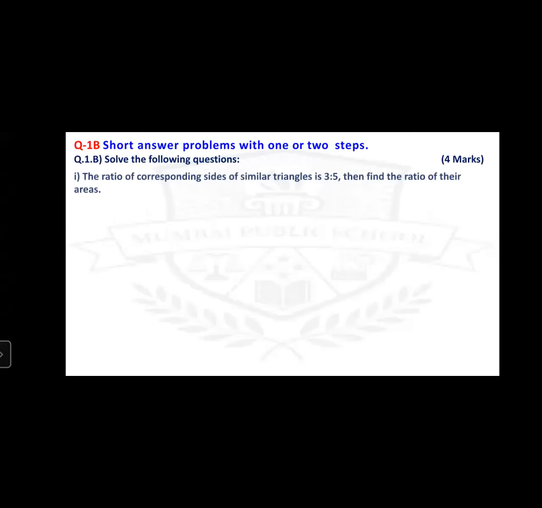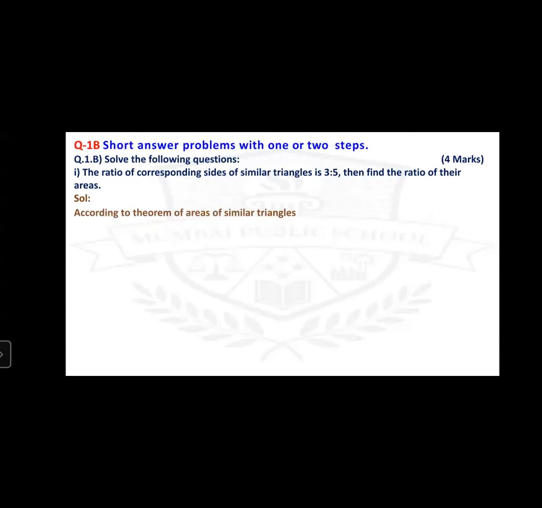So first question. The ratio of corresponding sides of similar triangles is 3:5. Then find the ratio of their areas. So in this question, 2 similar triangles are given and their corresponding sides ratio is given. And we have to find the ratio of their areas. Now see the solution. Here we apply the theorem of area of similar triangles.